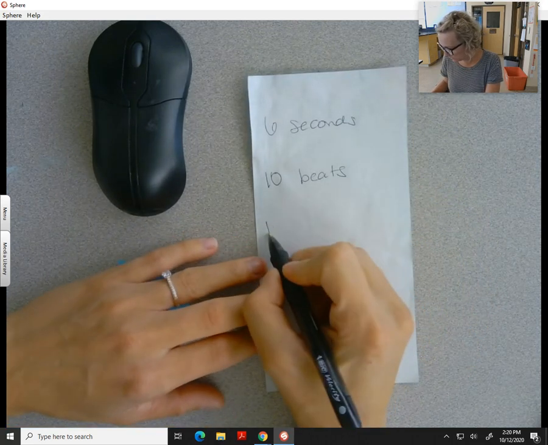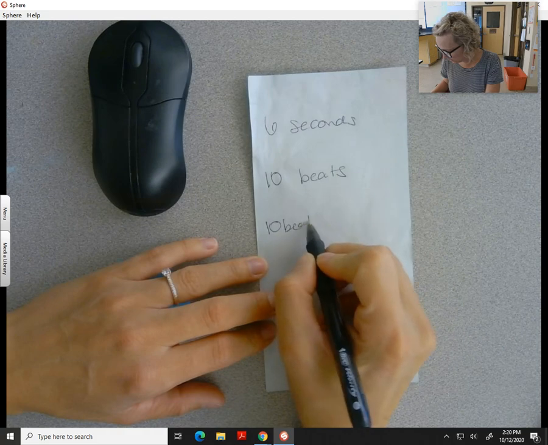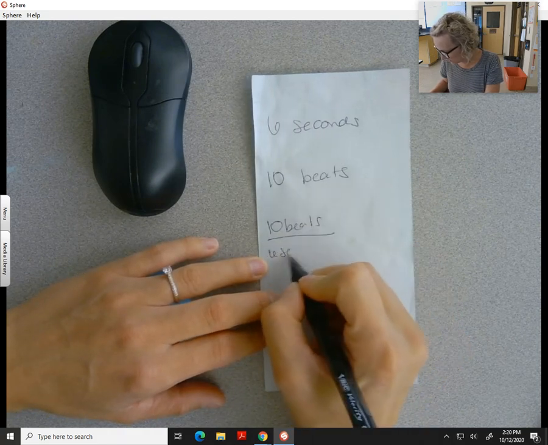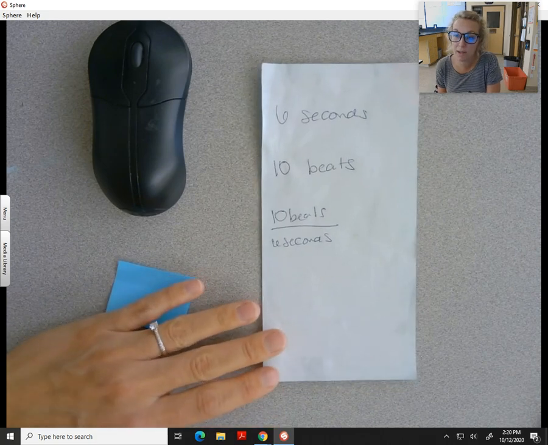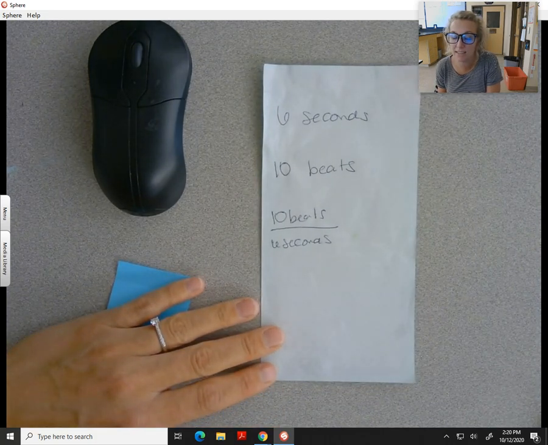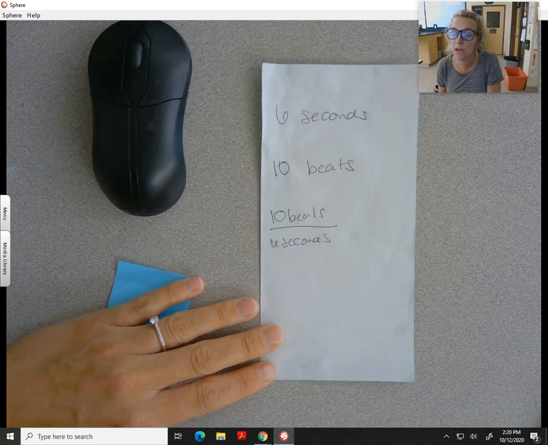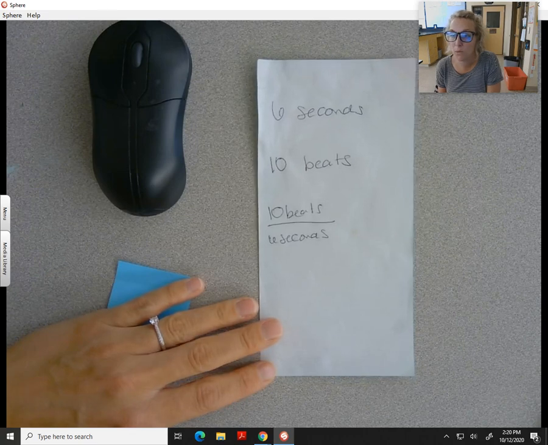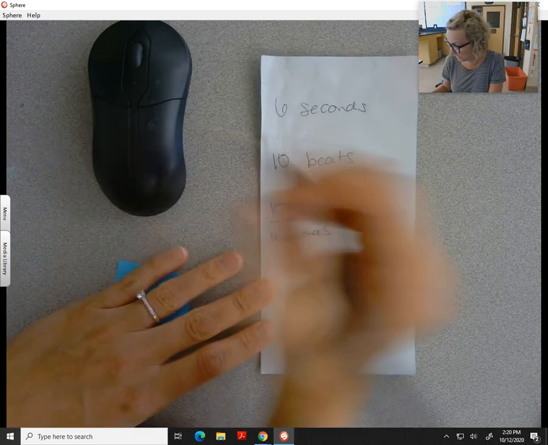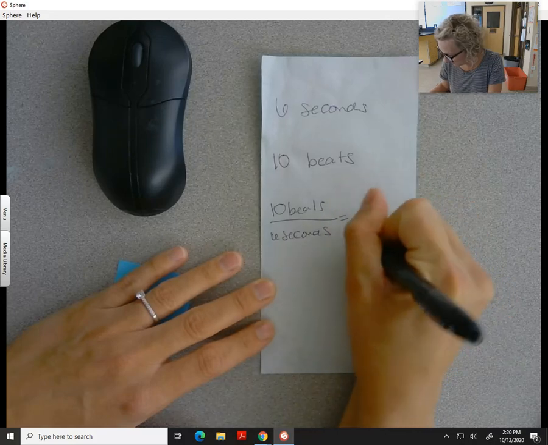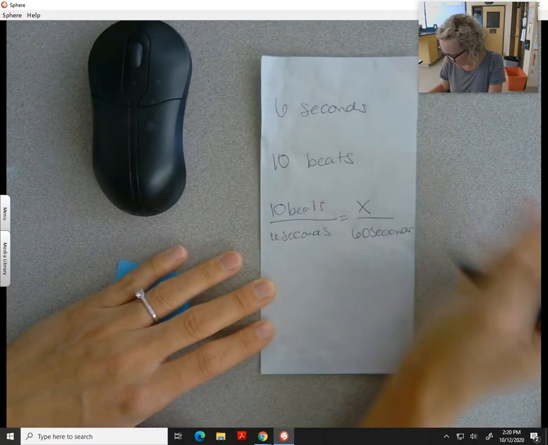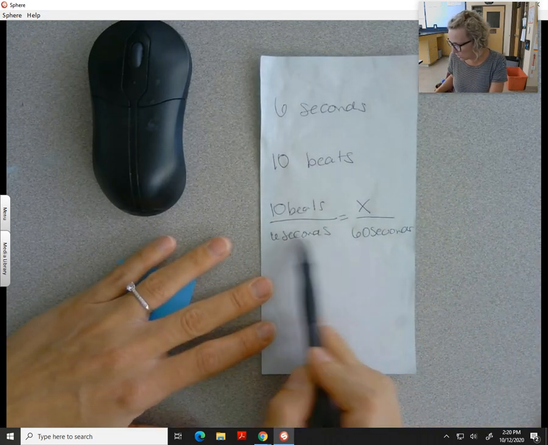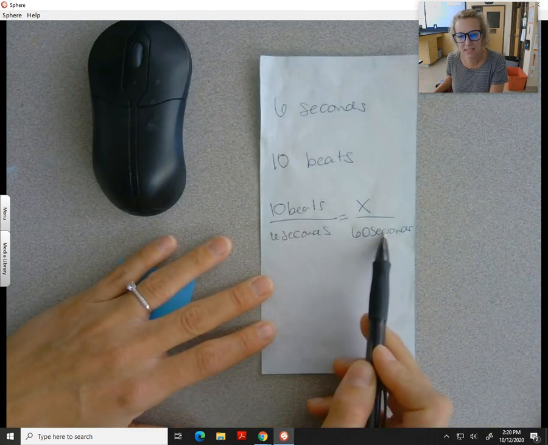Now the problem is I don't want to know my beats per 6 seconds. I want to know how many beats my heart will beat in 60 seconds.